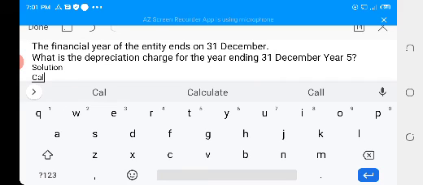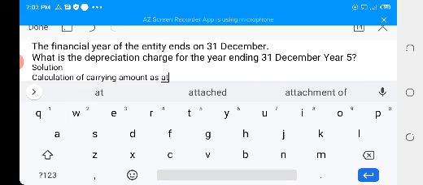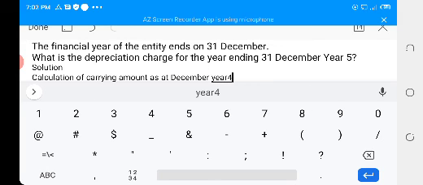Calculation of carrying amount as at December, year 4.